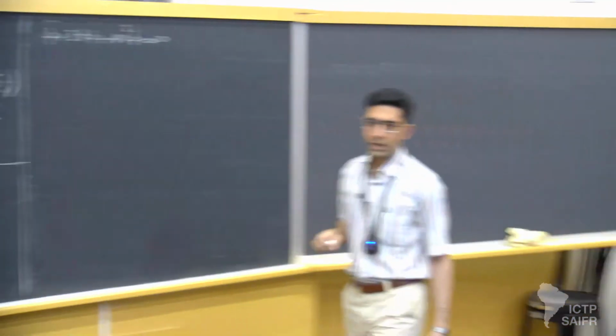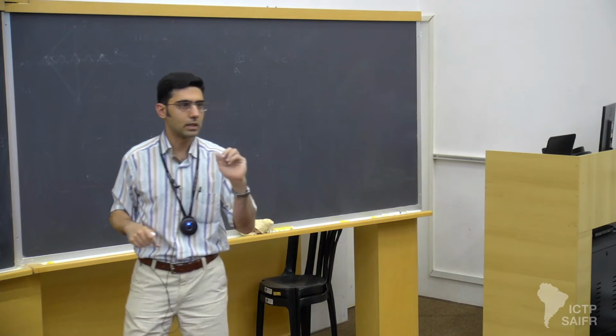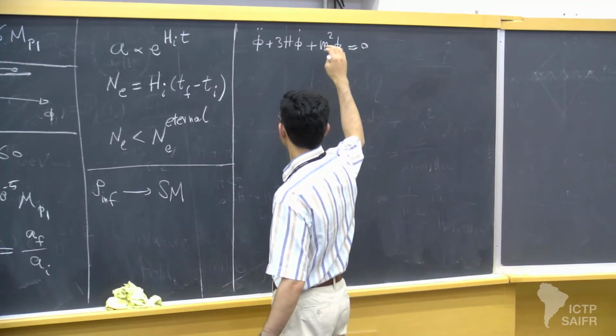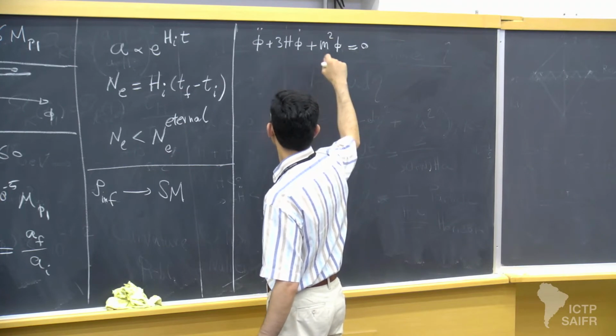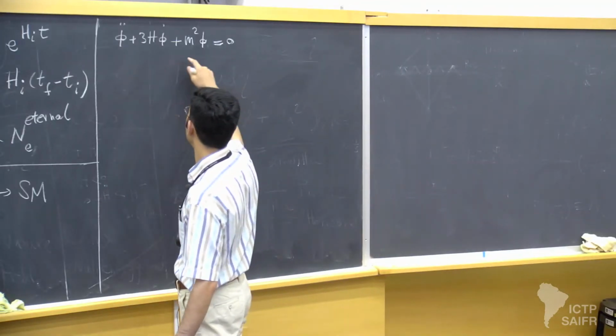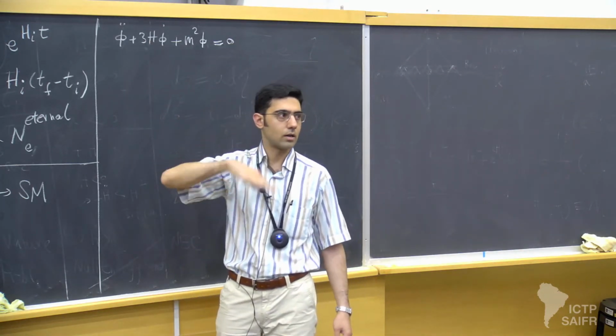And now we want to assume that we have arrived at the bottom of the potential, when the slow roll assumption is not satisfied anymore. And the scale of inflation is very low now.